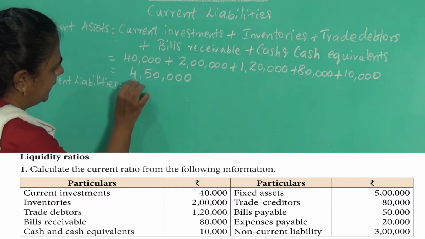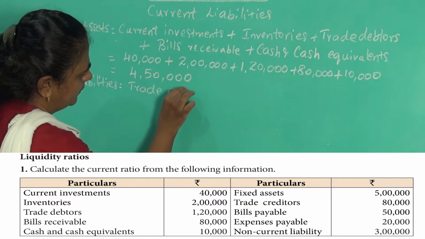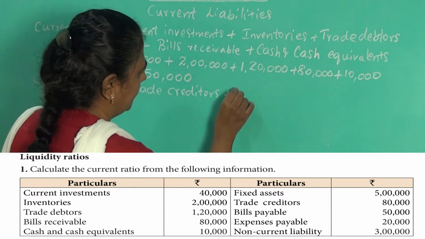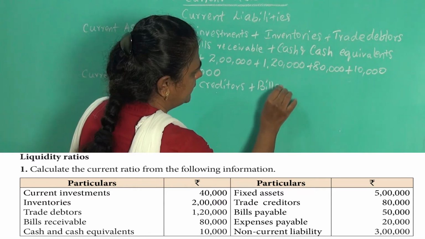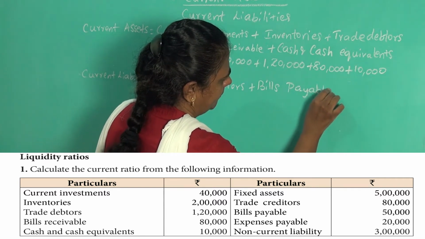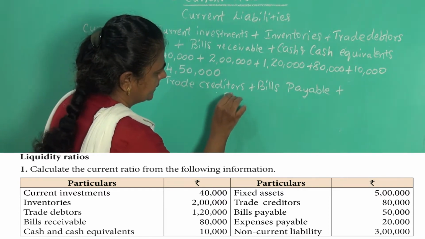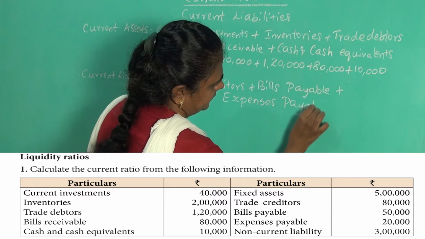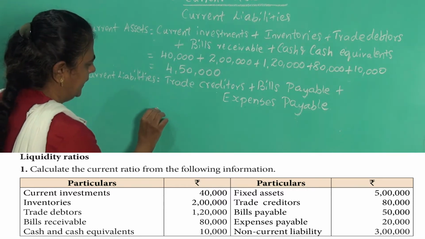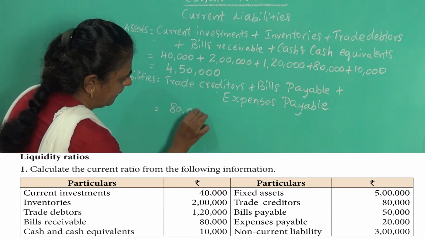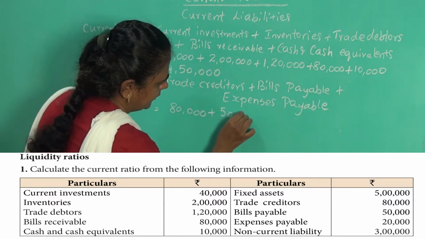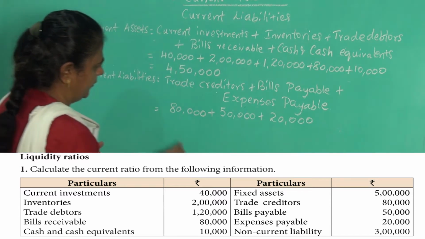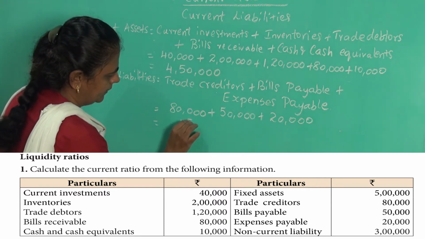So write trade creditors plus bills payable plus expenses payable. So write that also. 80,000 plus 50,000 plus 20,000. So add all that, you will get 1 lakh 50,000.